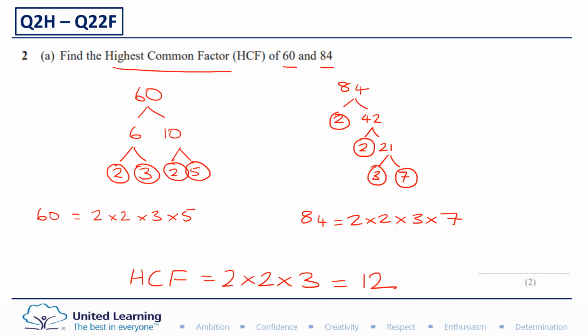You may have done this using Venn diagrams and know that the highest common factor is the intersection. So if this is 60 and this is 84, I'd have 2, 2 and a 3, and then I'd have a 5 in the only section of the 60, and 2 times 2 times 3 times 7 would be the only section of the 84.